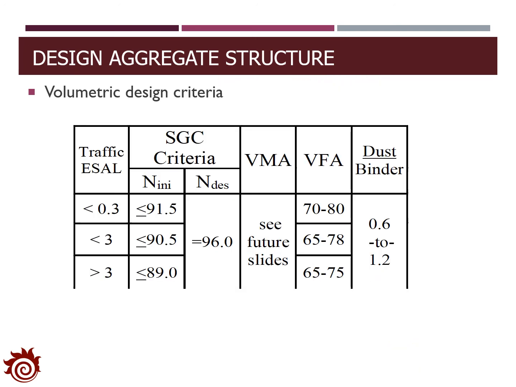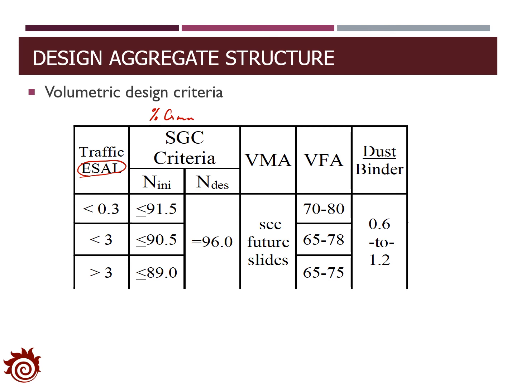This figure summarizes the volumetric design criteria for asphalt mixture from the SGC test. In this table, we can also see the criteria applied to different traffic levels. The first column shows the traffic level in ESAL in millions, and the next two columns show the maximum specific gravity at initial and design number of gyrations.